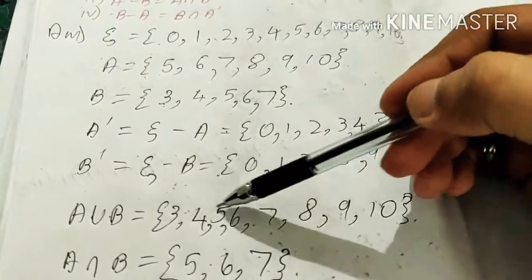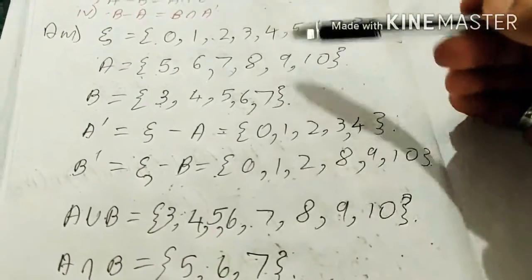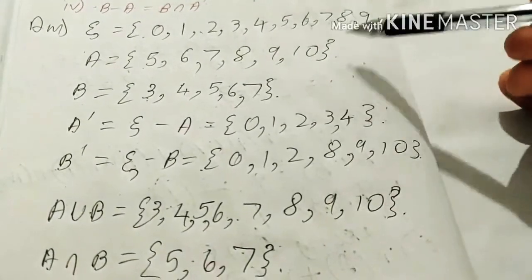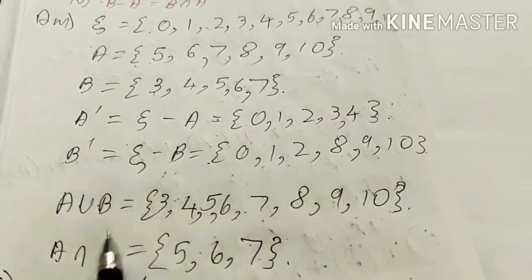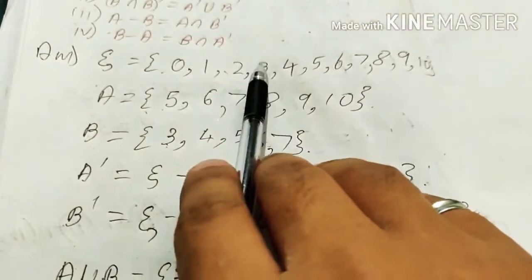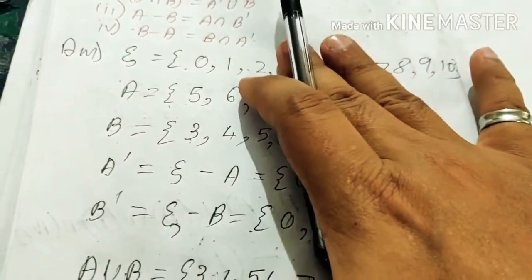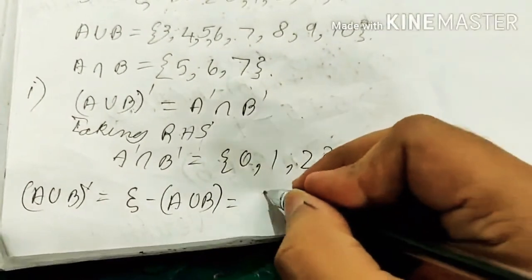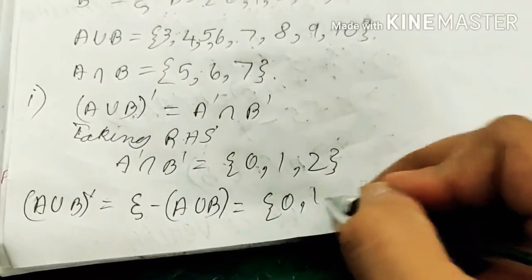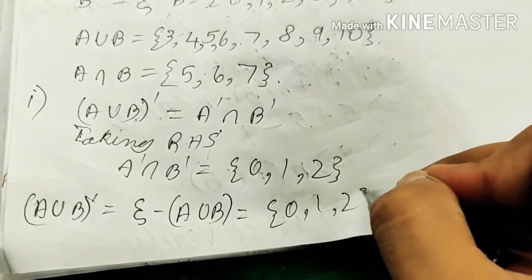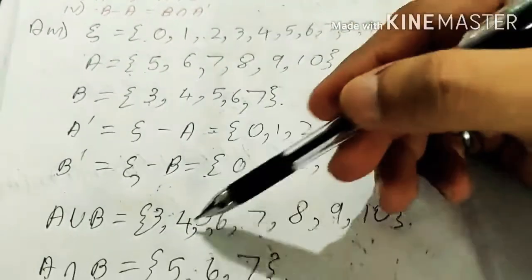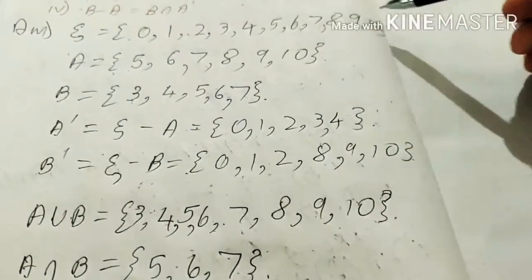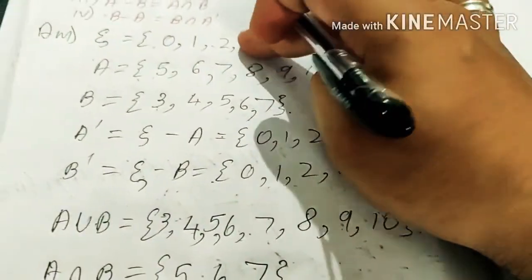So 3, 4, 5, 6, 7, 8, 9, 10 will be eliminated. Means from 3 to 10 is eliminated. We are left with 0, 1, 2. So this is equal to 0, 1, 2. Look here, 3 was eliminated, 4, 5, 6, 7, 8 up to 10 were eliminated. We are left with 0, 1, 2.